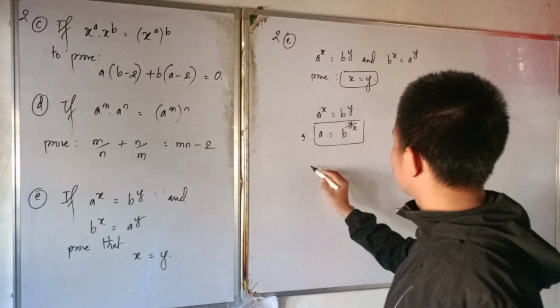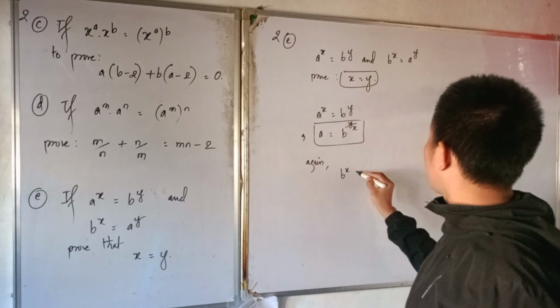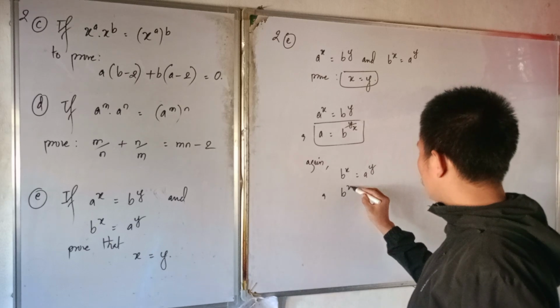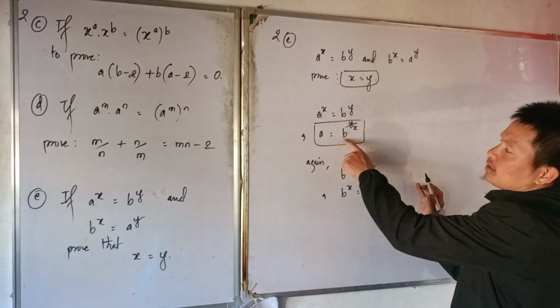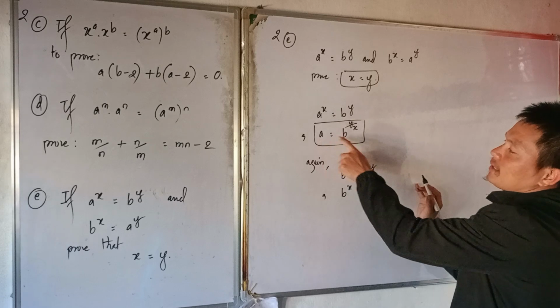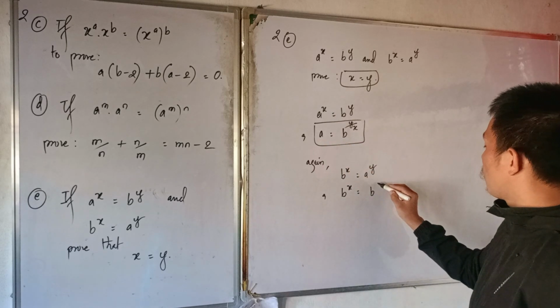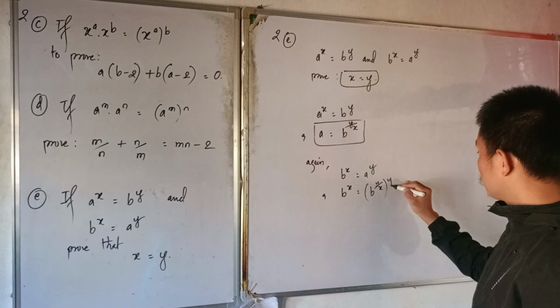Now use this again. Again we have b power x is equals to a power y. So just replace a, as we have already established a in terms of b. Just replace a by b power y by x, and y is already here.